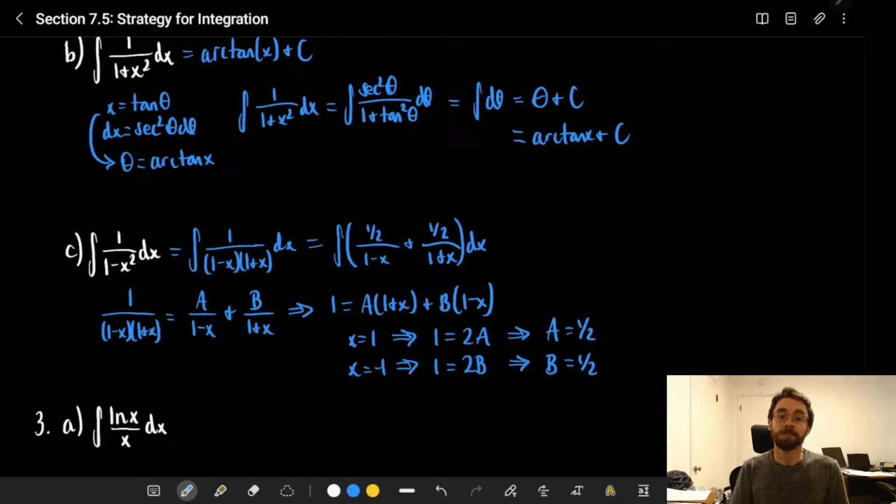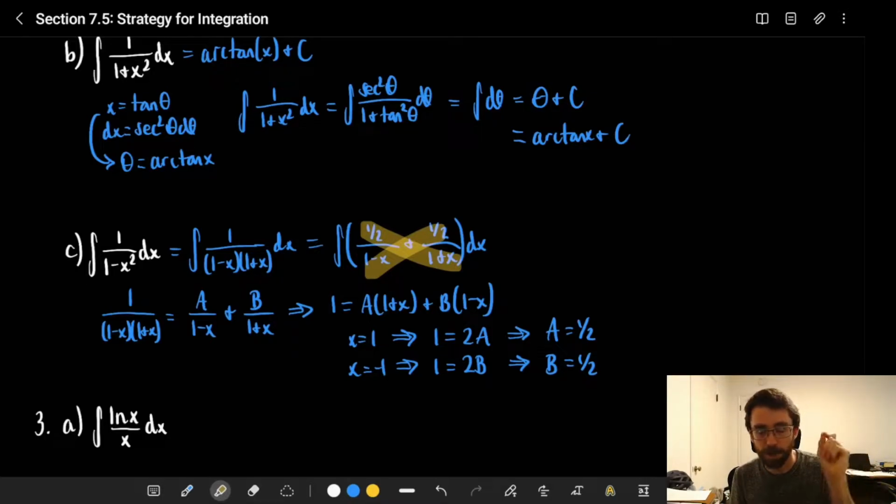And then we just get a couple natural logs from this, right? And you can take the time to check if you want to. Check that this actually worked correctly, cross multiply, get a common denominator, whatever you want to call it. I would get 1 half plus a half x plus another half minus that half x, and that just leaves me with 1 on top, and the denominator works out.